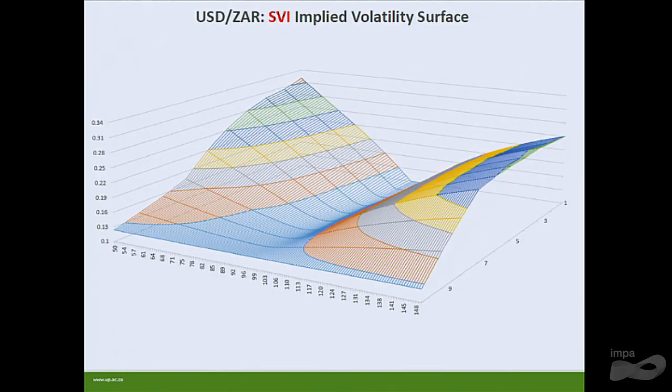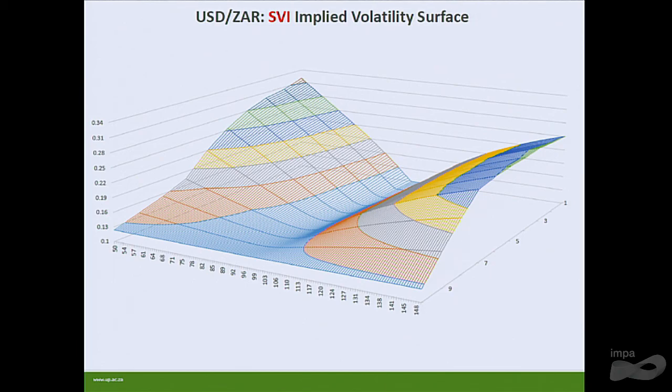So the way that we look at that is here is the vol surface for the dollar rand. In the South African market, most markets are over the counter, and they're largely driven by brokers. So what happens is you get fairly good quotes for structures, typically butterflies, risk reversals, put spreads funded by call overwriting.